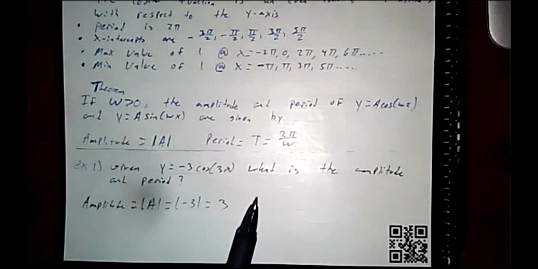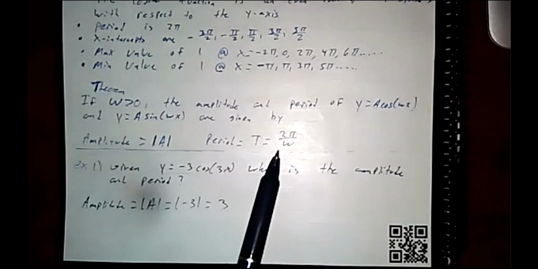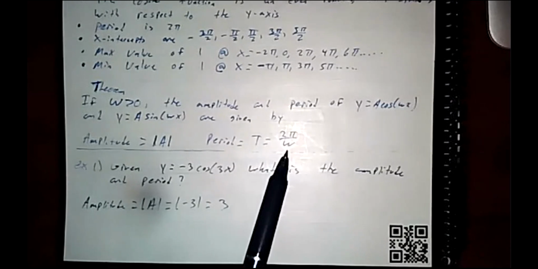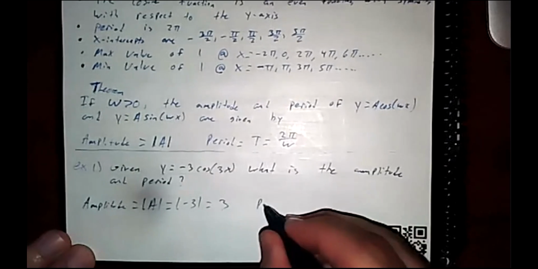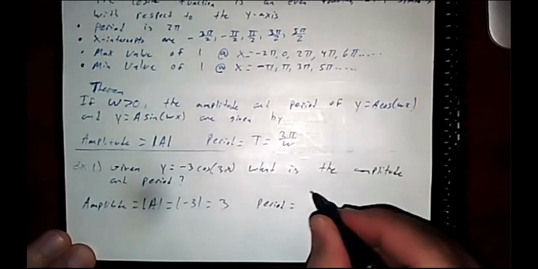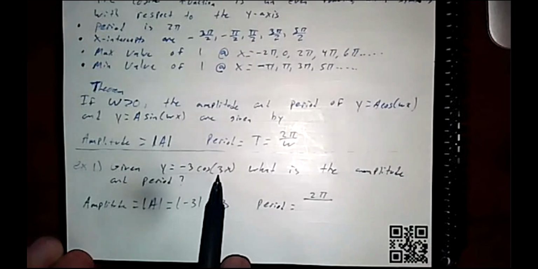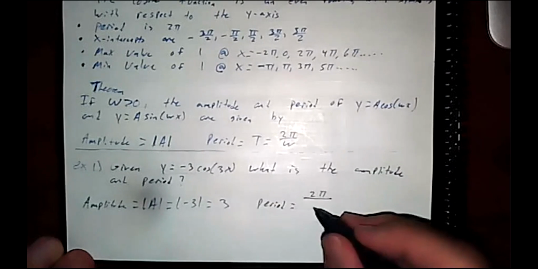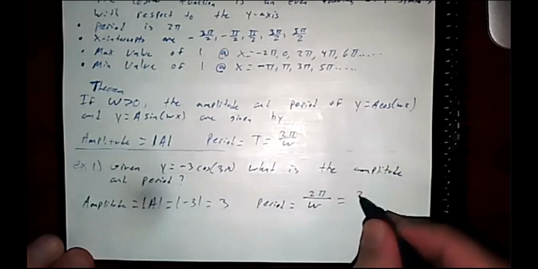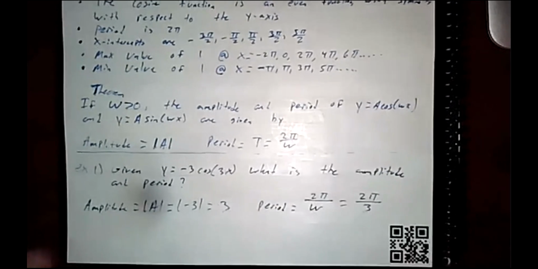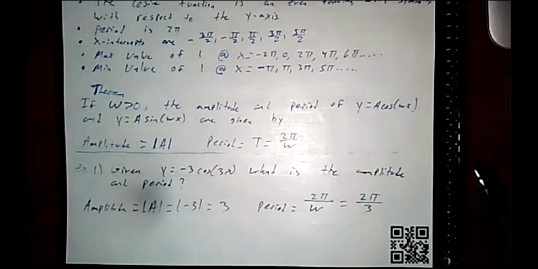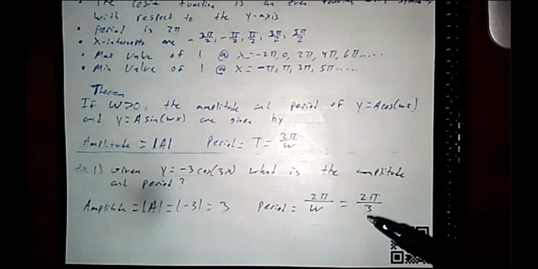So the number in front of the cosine is the amplitude. Period, we wrote right here, is 2 pi divided by omega. So the period is equal to 2 pi divided by the number in front of the x, that is your omega. So it'd be 2 pi over 3. I know we're just following a formula, but what does it mean, right? We need to graph it so you can see it.